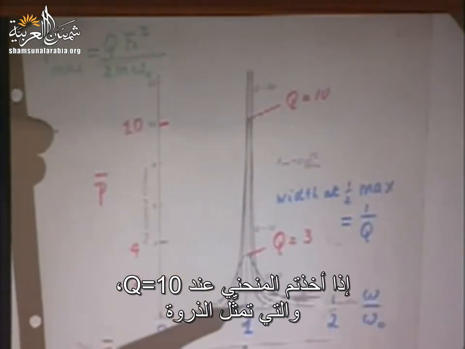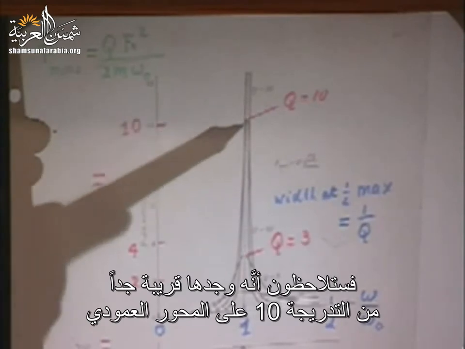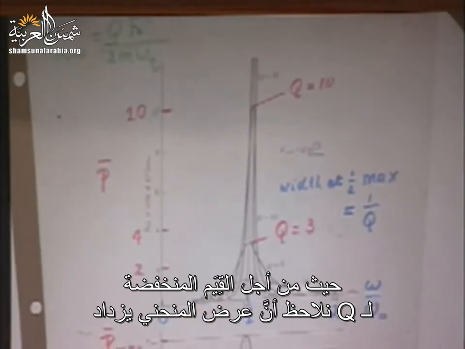And so if you take the curve for Q equals 10, which has the peak here in power, you see indeed that he finds that very close on his scale to 10. Notice also the nice symmetry. And you see for lower values of Q, which are curves here, that indeed the peak gets broader.